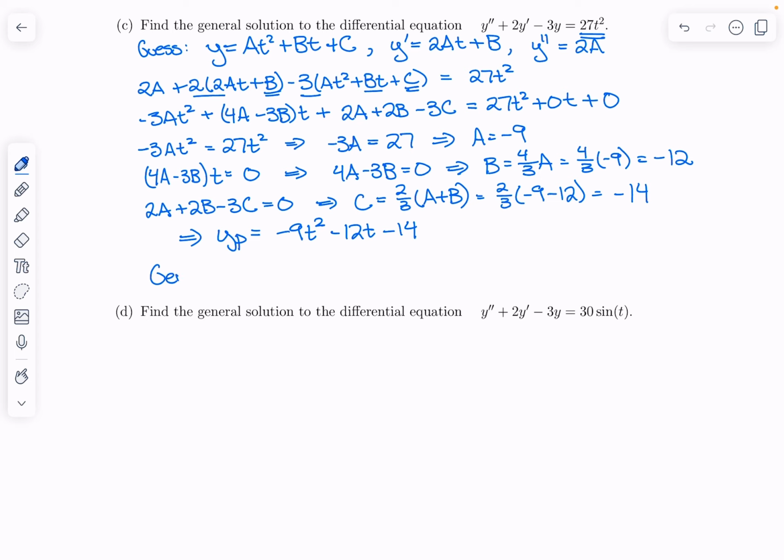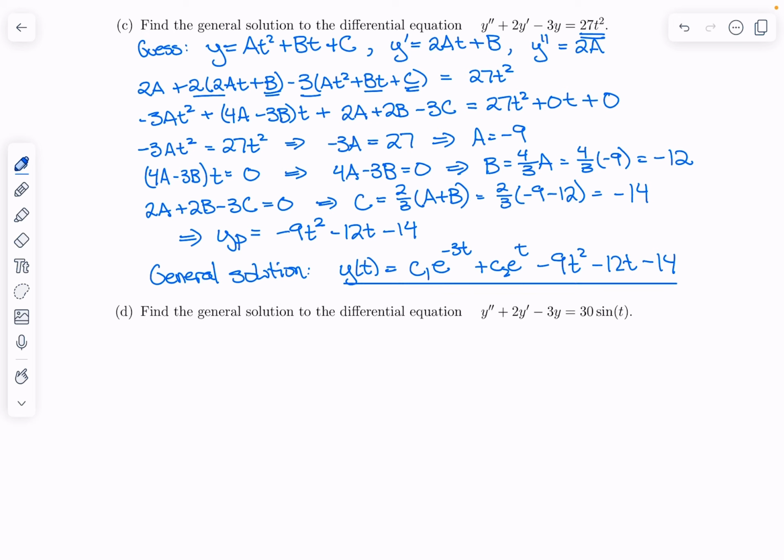So the general solution is y of t equals my homogeneous solution, C1 e to the -3t plus C2 e to the t, minus 9t squared, minus 12t, minus 14. So that's the homogeneous solution plus the particular solution.